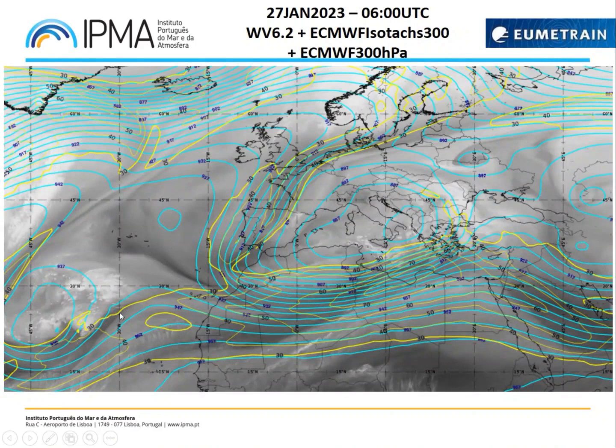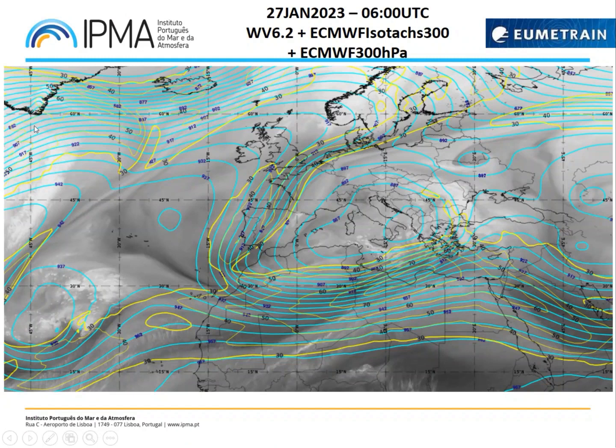The low has been moving eastwards and will continue to cause some severe weather during the weekend further east, so Eastern Mediterranean and also over the Black Sea.